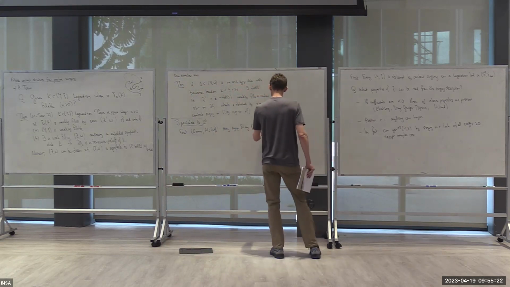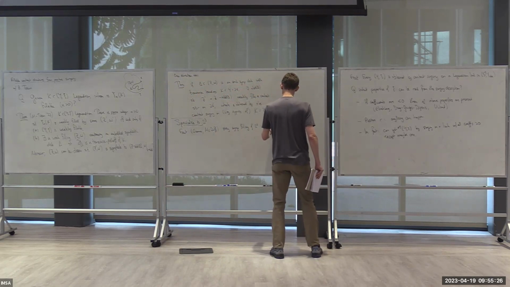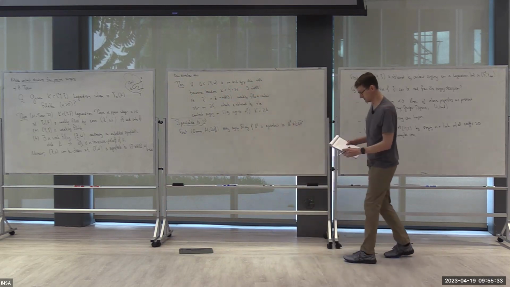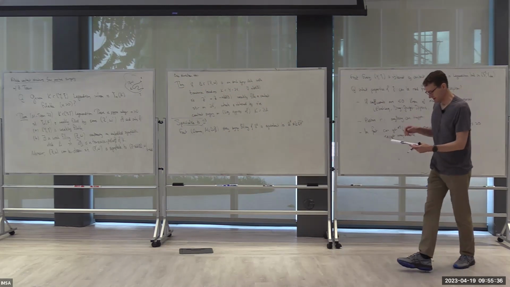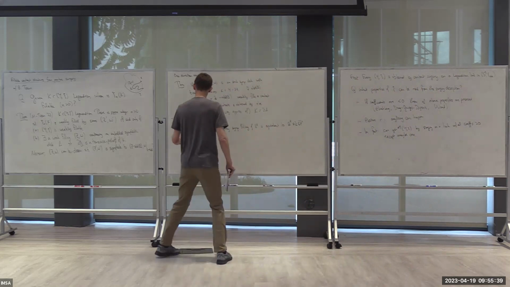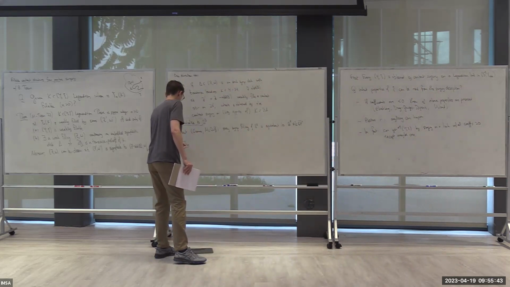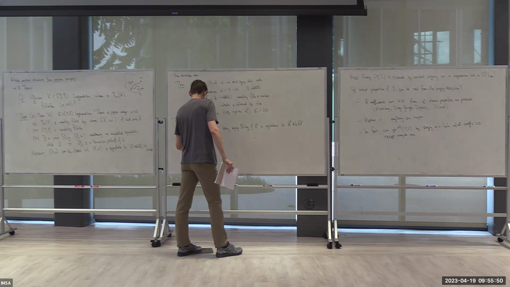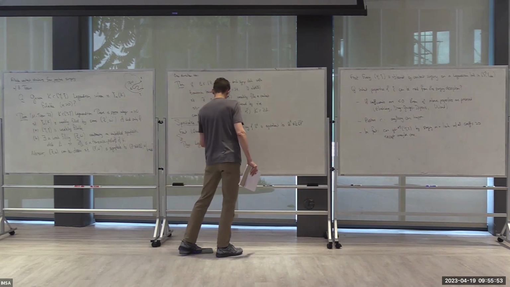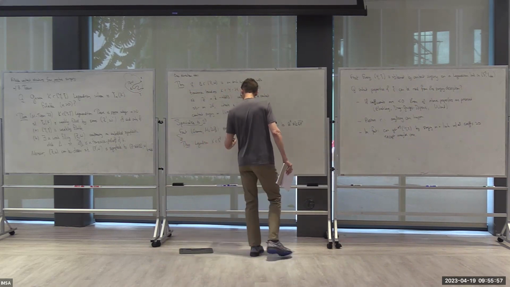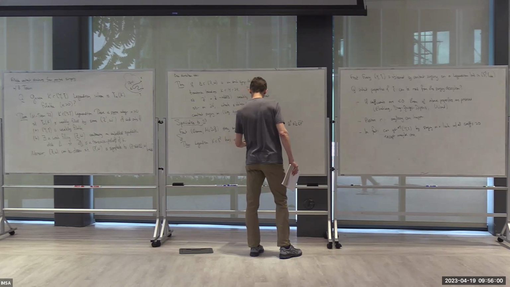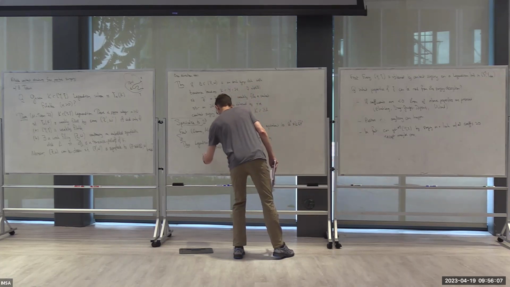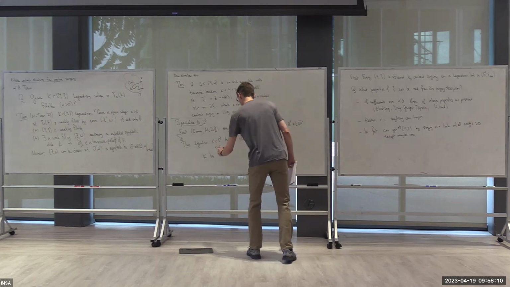It tells you that if you want to talk about surgery on S3, you get a transverse knot out of it that bounds an embedded disk in some filling.